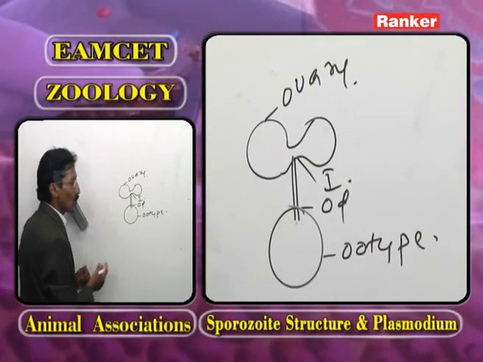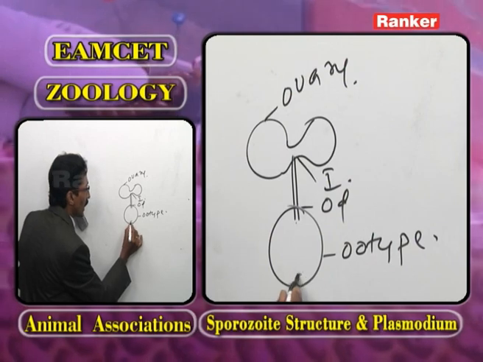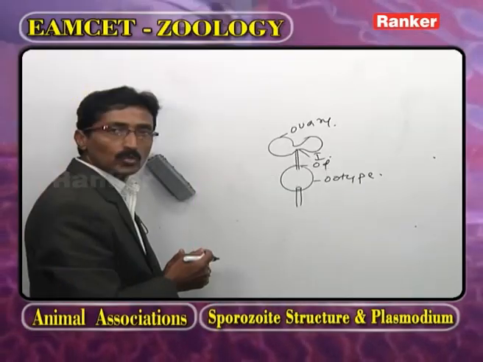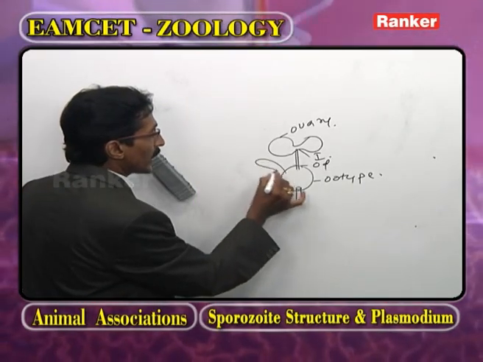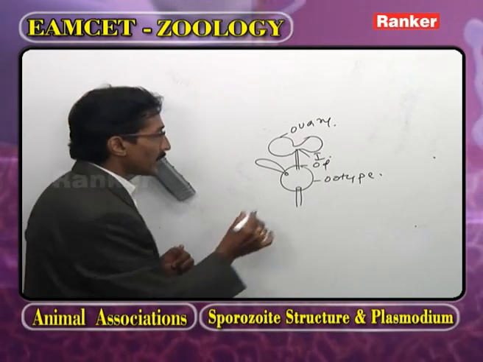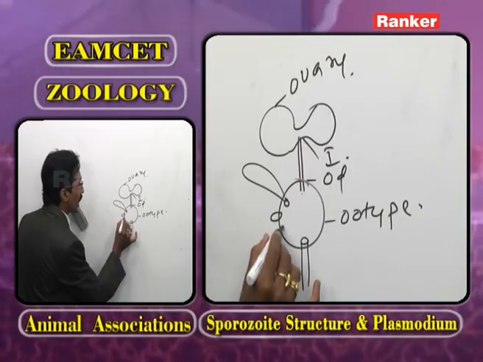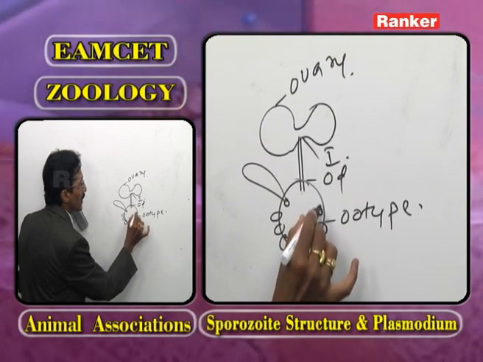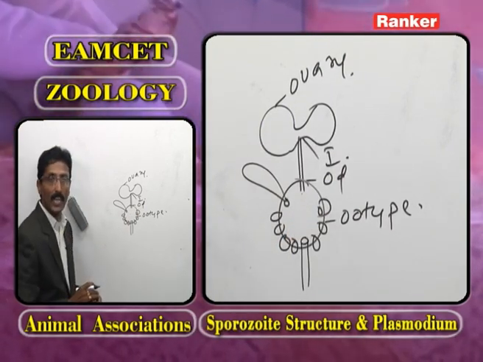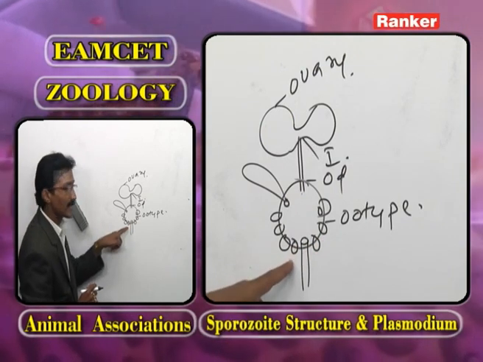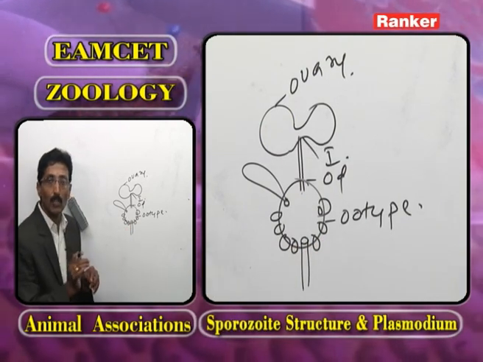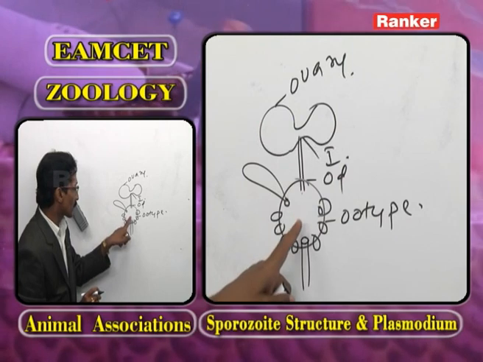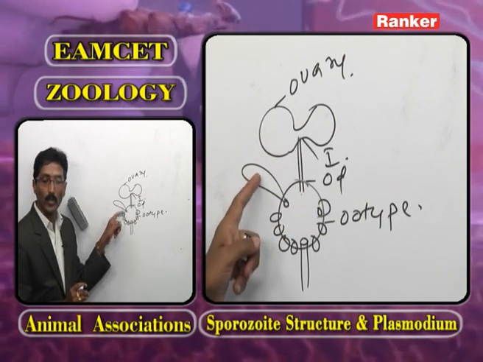The oviduct opens into the ootype, the vitelline duct opens into the ootype, the uterus opens into the ootype, and unicellular Mehlis glands open into the ootype. What is the function of Mehlis glands? Mehlis gland secretions help to pass the capsules from the ootype into the uterus.